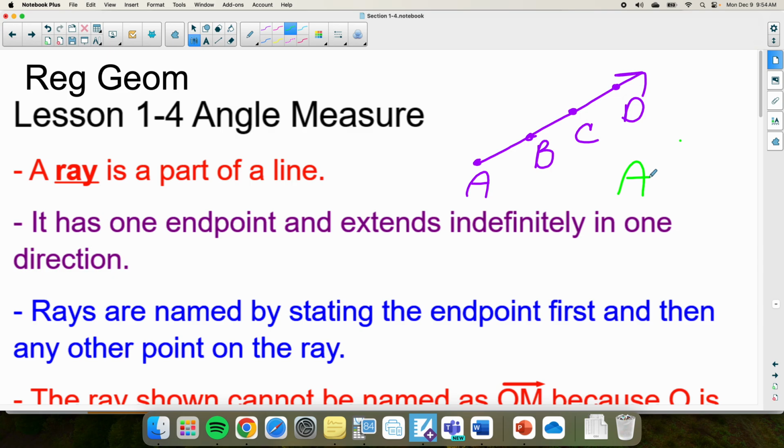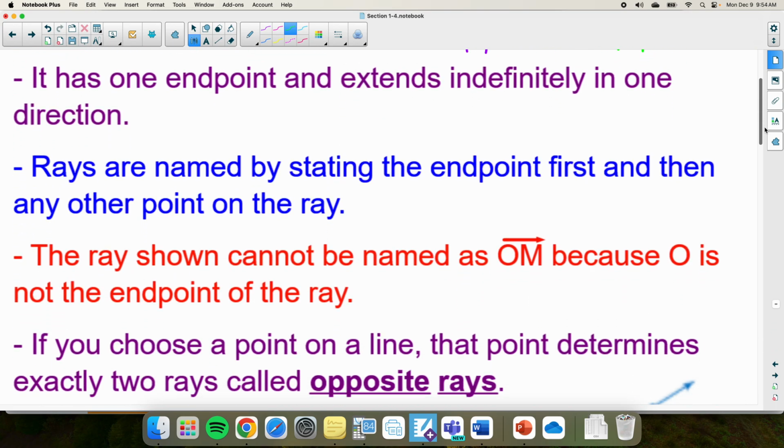The second point doesn't matter as long as it's on that ray. So I'm going to just say AC. Now, regardless what direction that ray is going in, we always draw a ray above this that points to the right, okay? Even if that ray went to the left, it doesn't matter. We always draw the ray above it pointing to the right.